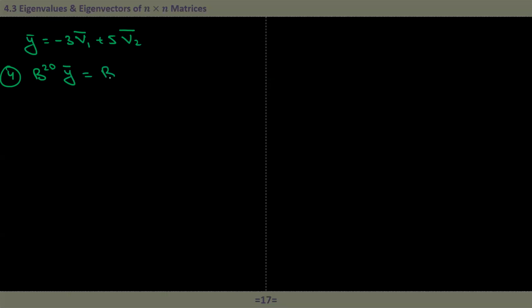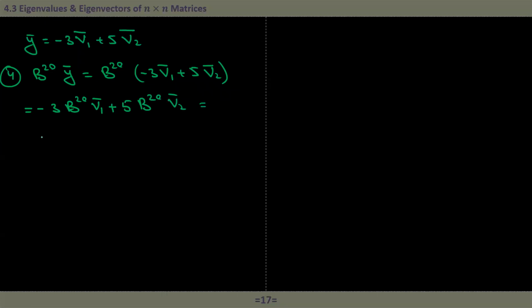And here we have B to the power of 20, and vector y is just minus 3 times V1 plus 5 times V2. That is equal to minus 3 times B^20 V1 plus 5 times B to the power of 20 V2.